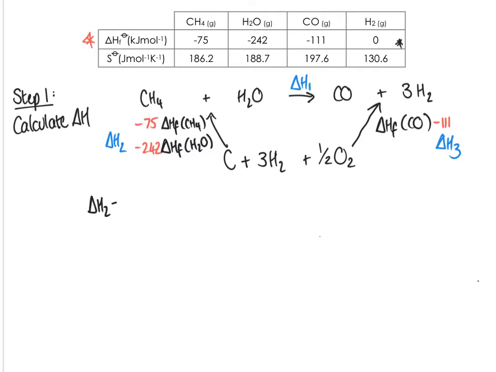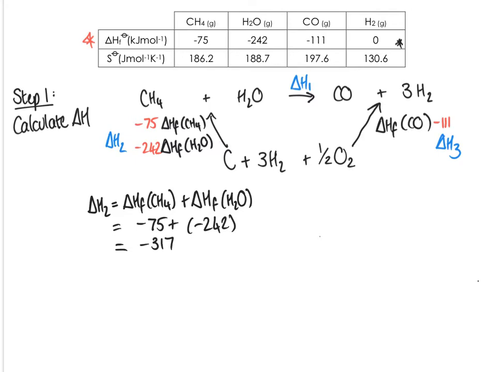So delta H2 is the enthalpy of formation of methane plus the enthalpy of formation of water, which is -75 plus -242, which works out as -317. Delta H3 is the enthalpy of formation of carbon monoxide, which is -111.